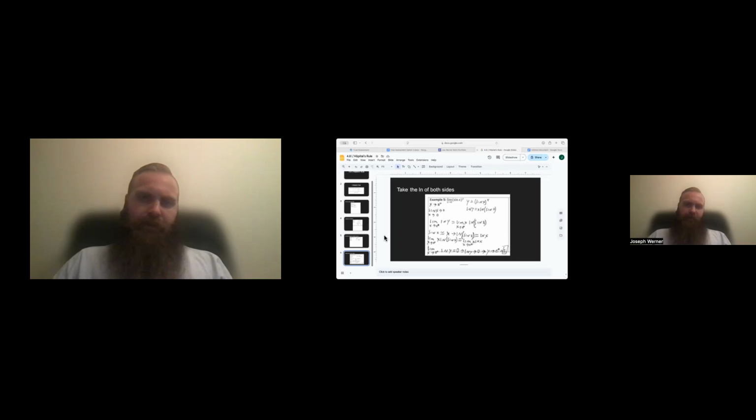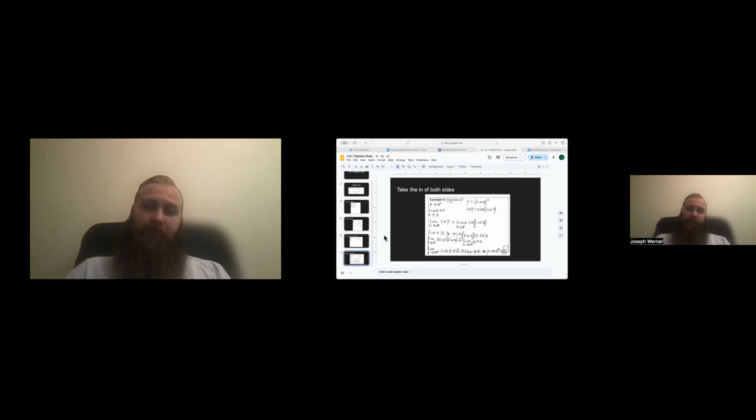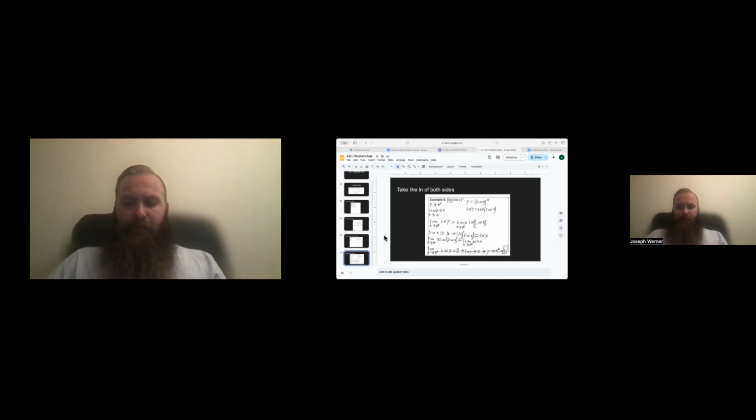One of our final examples: take the log of both sides. So this example involves the limit of sine x to the power of x as x approaches 0. As x approaches 0, sine x approaches 0, and x approaches 0.